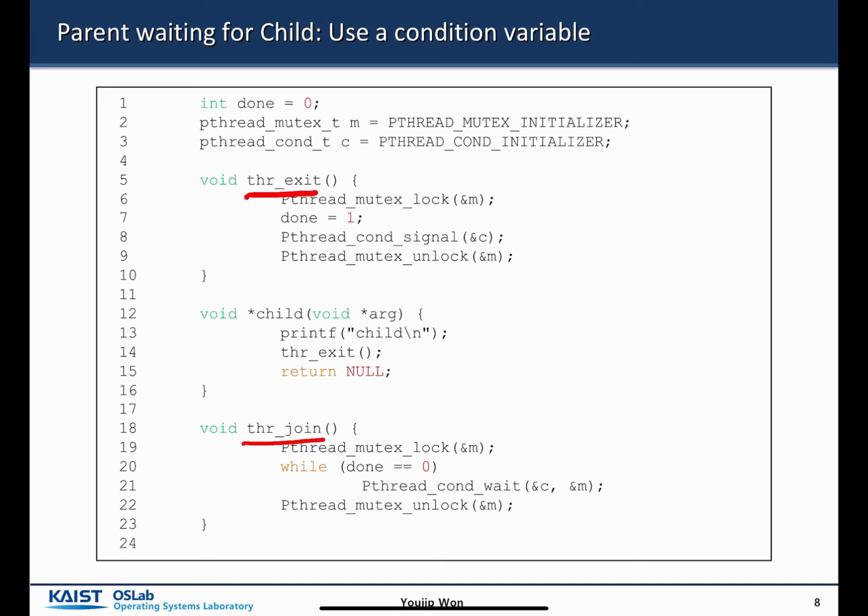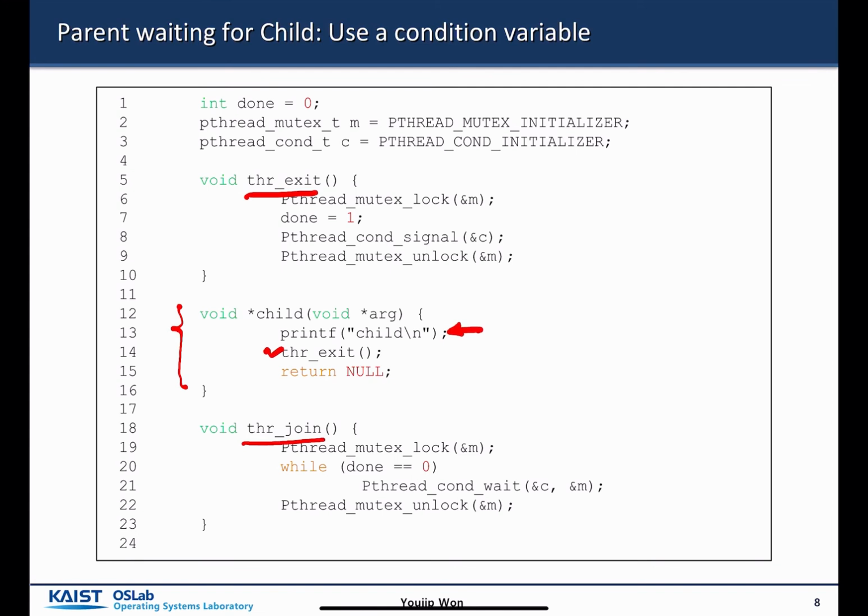Thread join is called by the parent and it waits for a certain thread to finish its operation. So this is how it works. First, there is child, and when it prints a child string after calling printf, it calls thread exit.